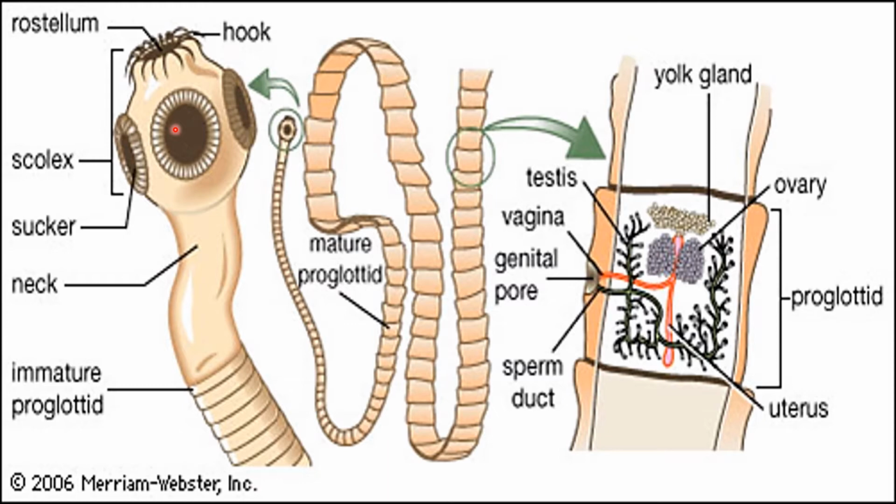We also have the presence of a protruded structure, which is known as your rostellum. This rostellum may be armed, with the presence of hooklets, or unarmed, with the absence of hooklets. So there are only two options: armed or unarmed rostellum.